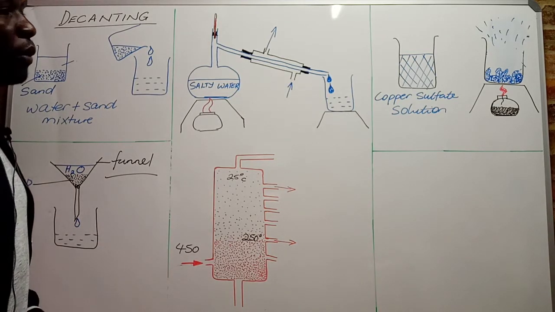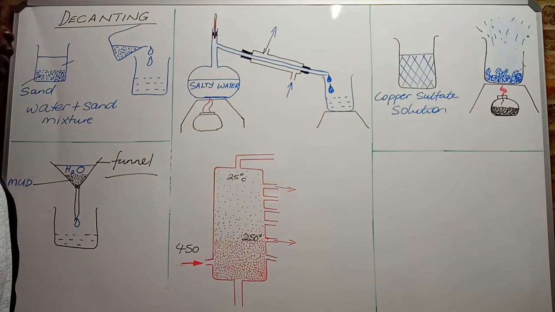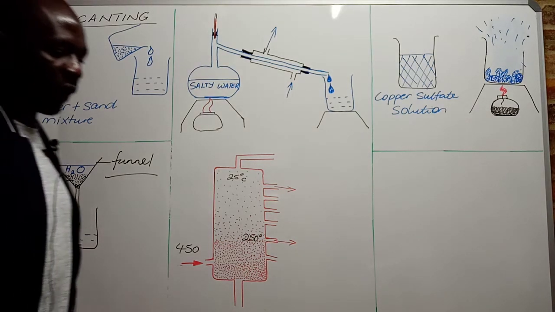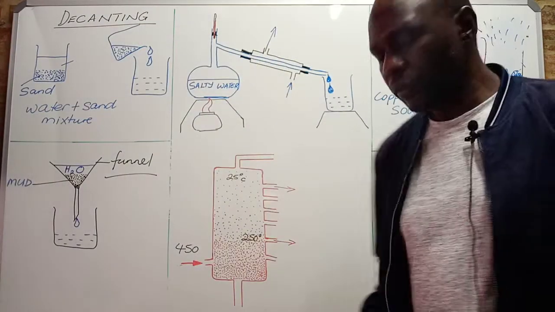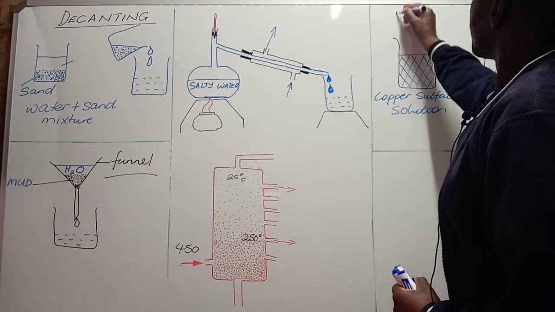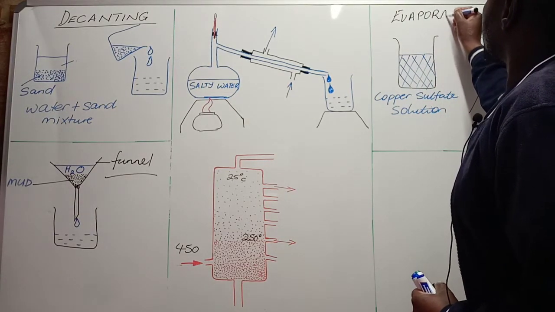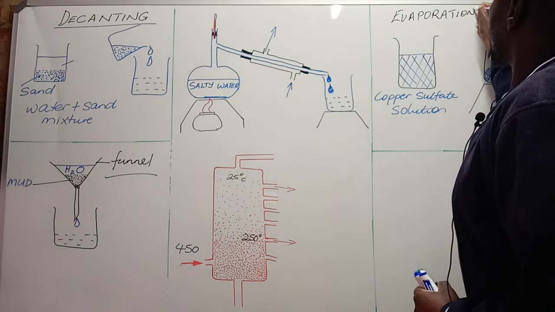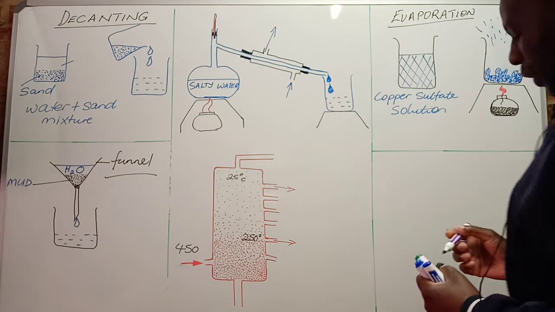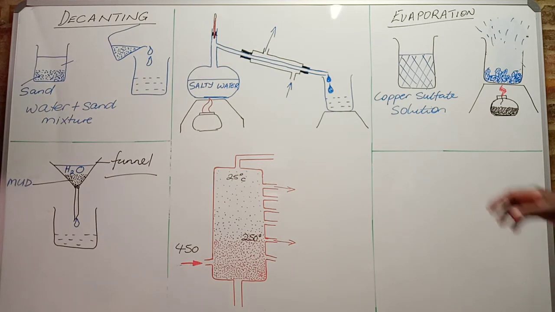Now we move to the next separation method, which is called evaporation. In this method of evaporation, we will be separating, for example, copper sulfate solution from water.